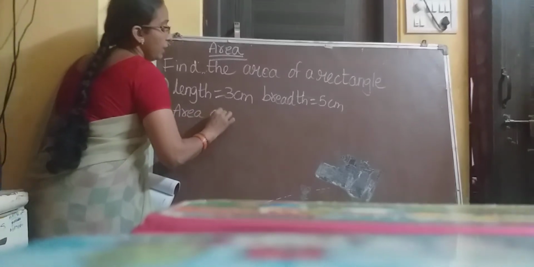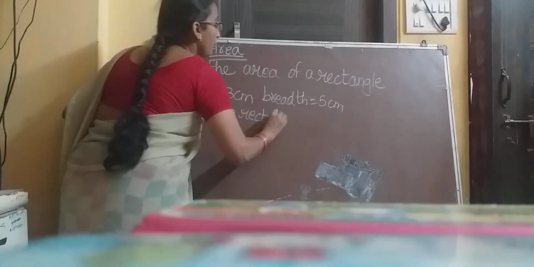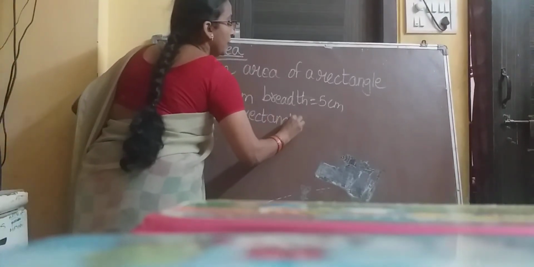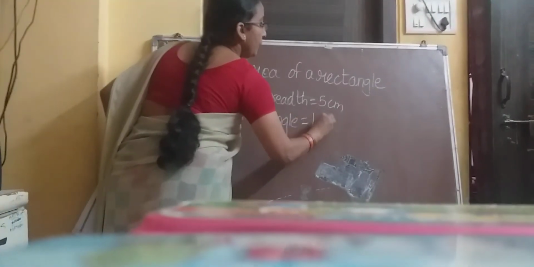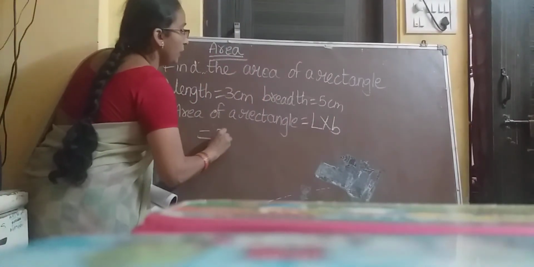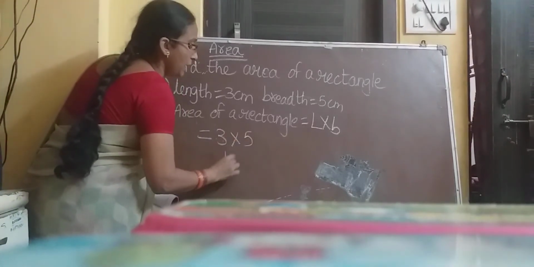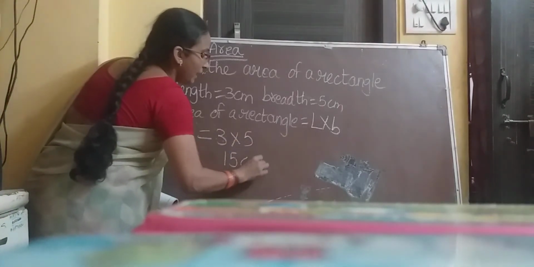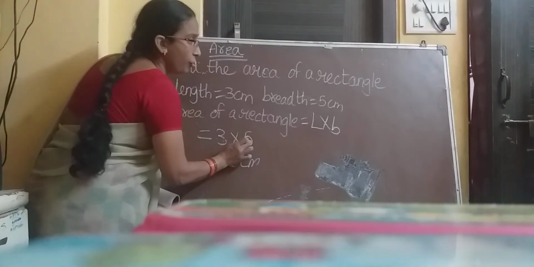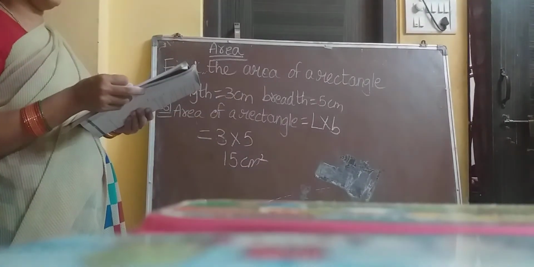Area of a rectangle is equal to L into B. L is how much for us now? 3 into 5, 15. Here centimeter, here centimeter, so centimeter square. You must write centimeter square. Okay?